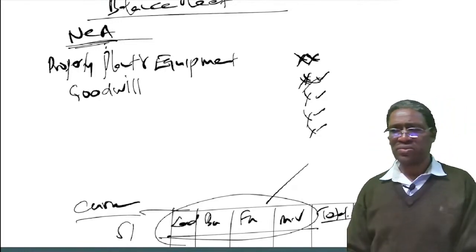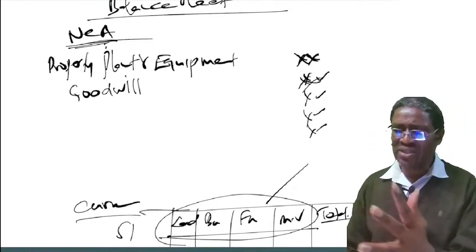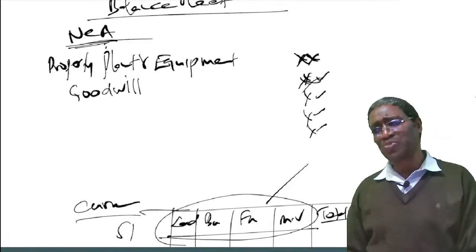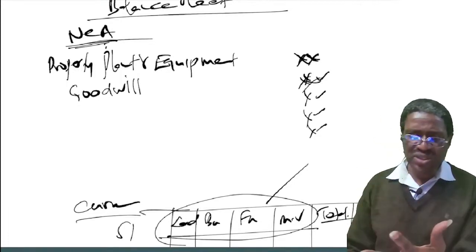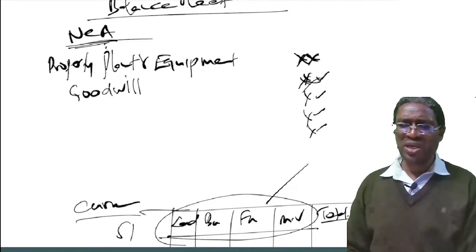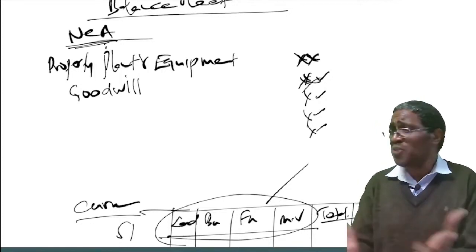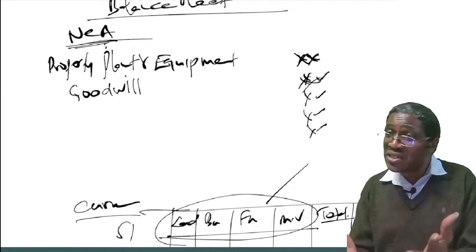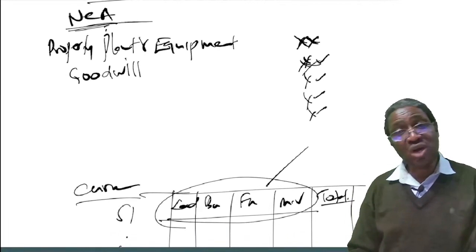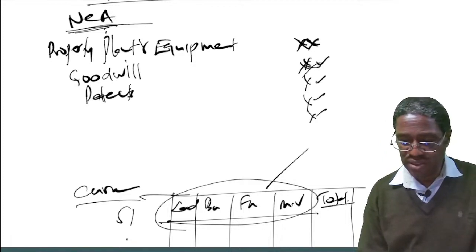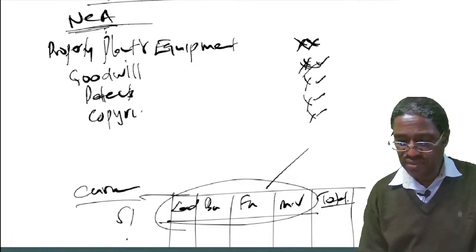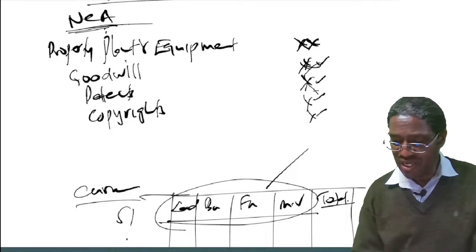Another example, patents. If your company has patents and trademarks, you never had to show them under the fixed assets movement schedule. They are not part of property, yet they are fixed assets. When your company has such, show them: patents, copyrights, whatever they are.